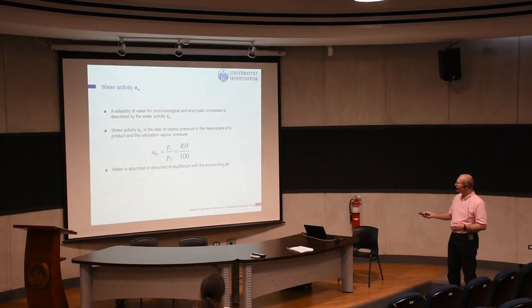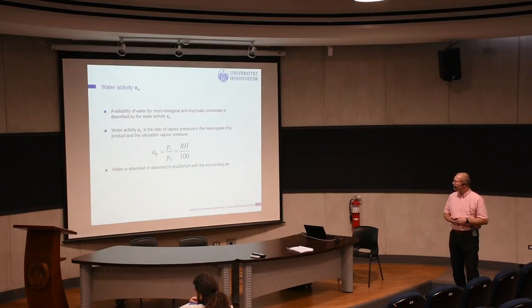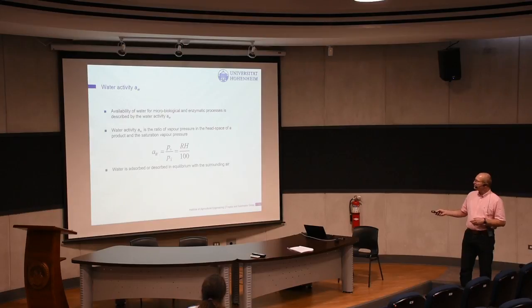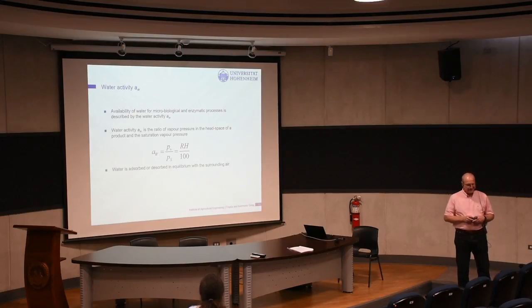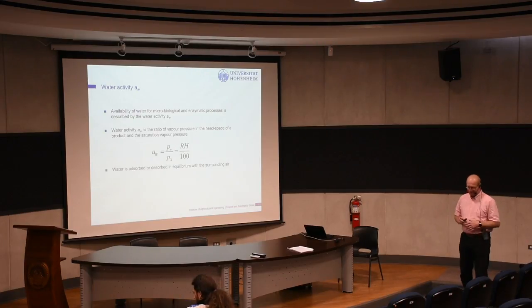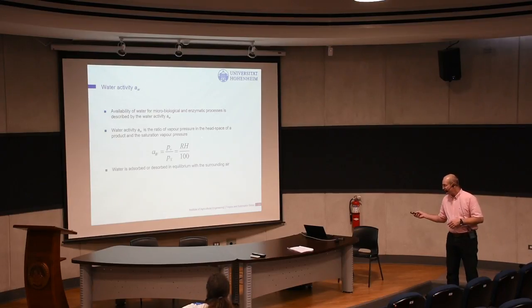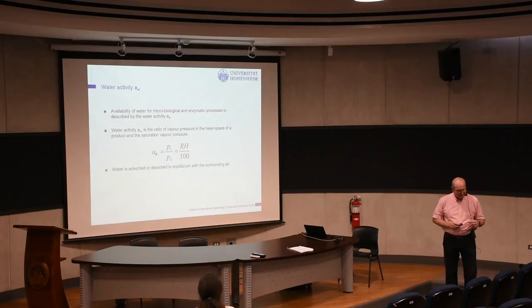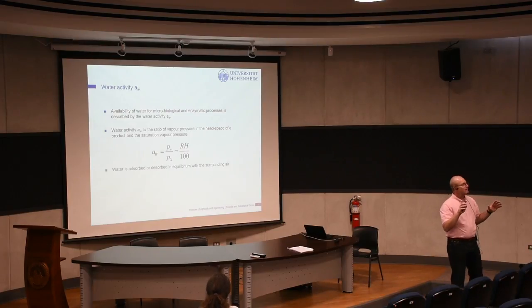Same principle here. Yesterday we had a W and here WS, to remind. And this is the relative humidity divided by 100, because this is just the relation, dimensionless. And this is the water activity, the AW value. And this is introduced worldwide, the water activity AW. And this is nothing else than the relative humidity in the product.